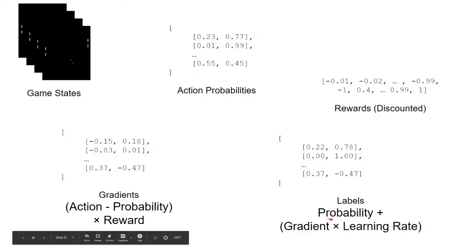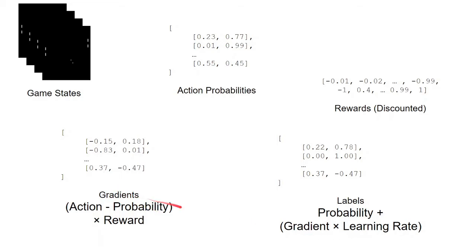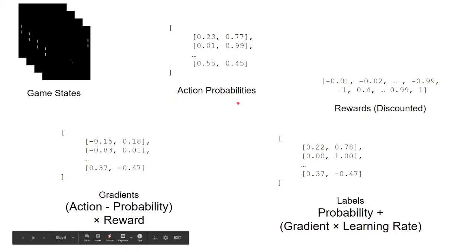So we calculate this as our probability, the previous output, plus the gradient that we came up with times some small learning rate. So in our case, we use 0.001. So it takes this gradient, makes it very small, just a tiny nudge to our previous output, and declare this to be what the output really should have been based on how it played out.